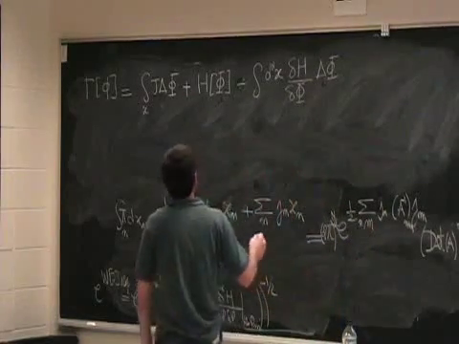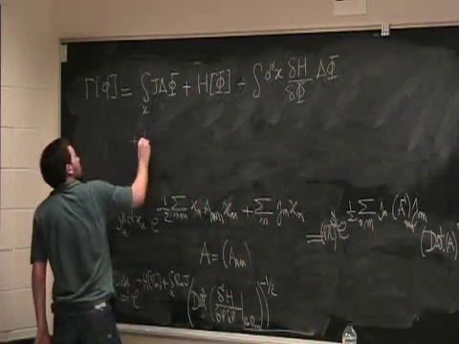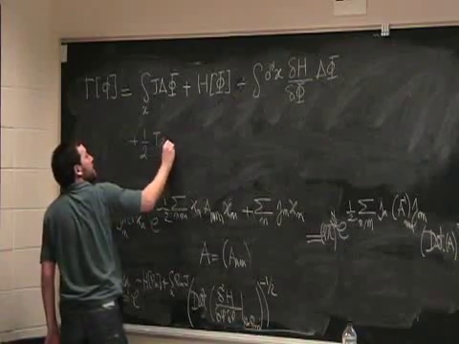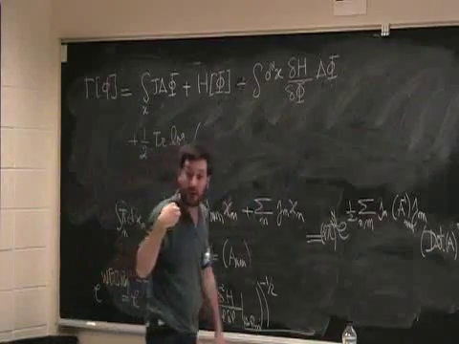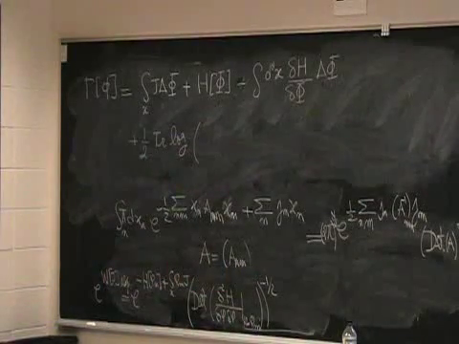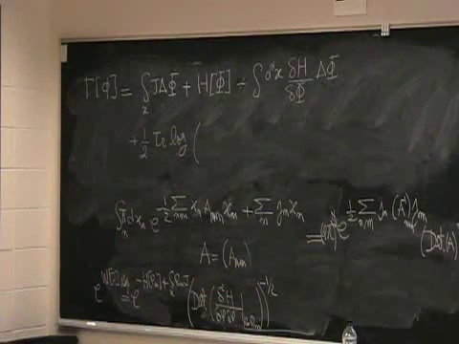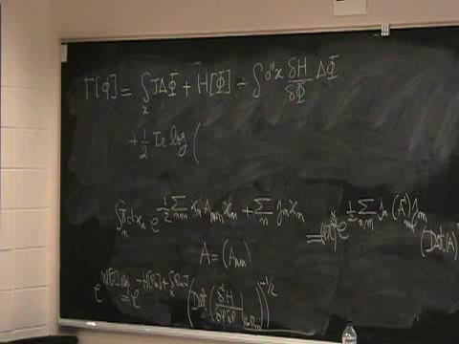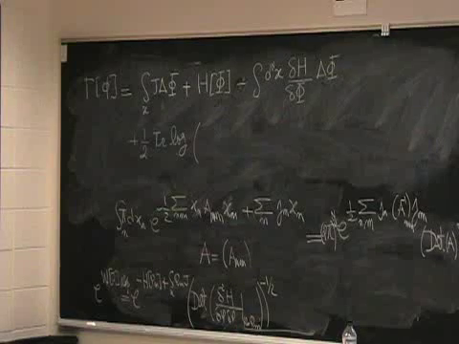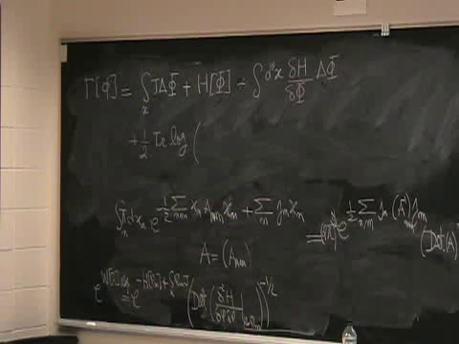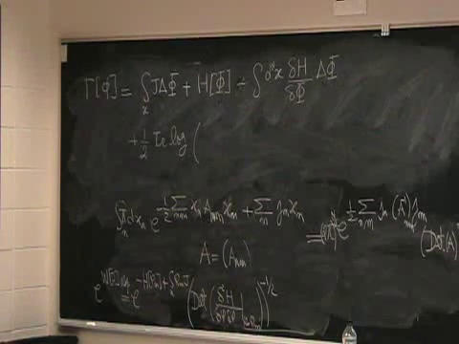And I also write the last term. You see, this last term is already a correction. This term is not the leading one. This term comes from the one loop correction. So in this term, I can safely replace phi m by phi because the difference will be of higher order.